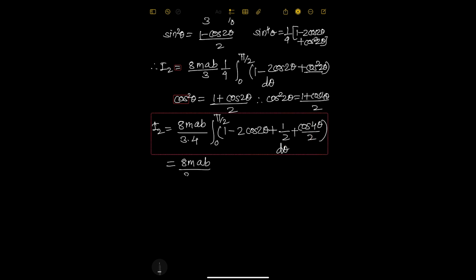So 8mab divided by 3 into 4, 0 to pi by 2.